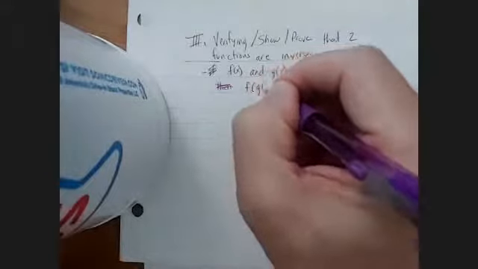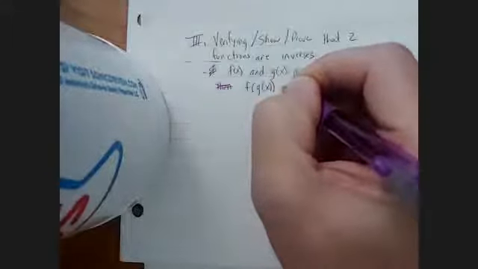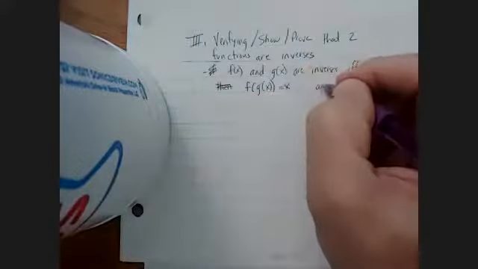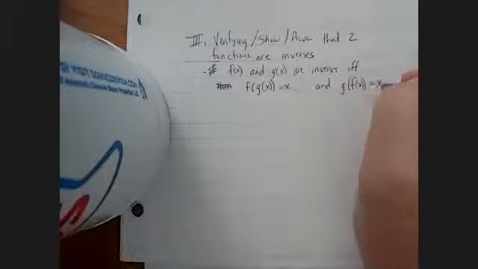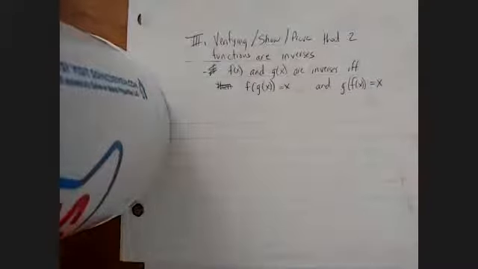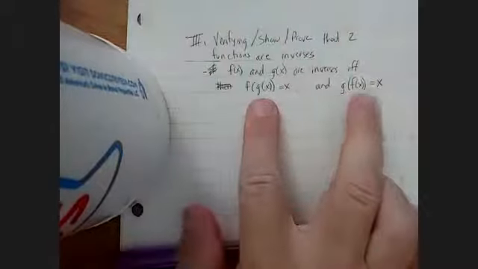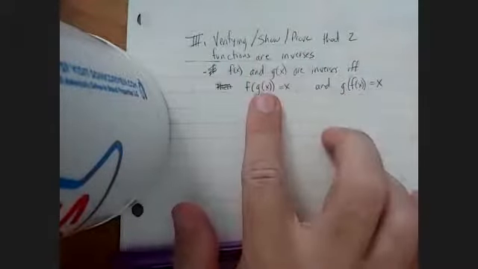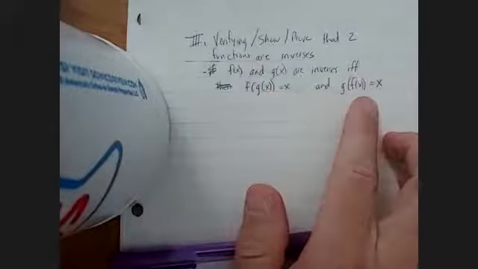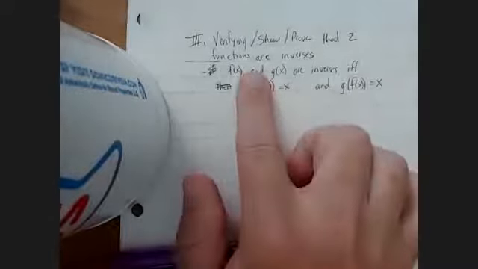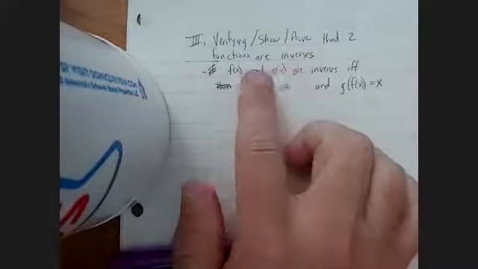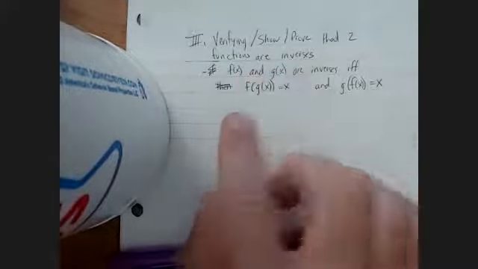If and only if f of g of x equals x and g of f of x equals x. The big deal is you have to test both of these things. You have to show that f of g of x is x and g of f of x equals x. If both of those things are true, then f and g are inverses. Or you could say it the other way around. If you know f and g are inverses, then those two statements have to be true.